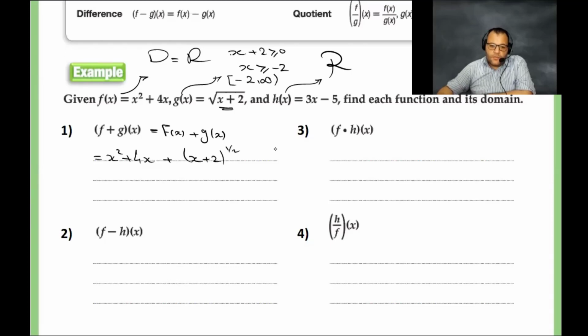And that is simple. So we can factor x squared plus 4x. It will be x times x plus 4, plus x plus 2 to the power 1 over 2. That's it. It's simplified.